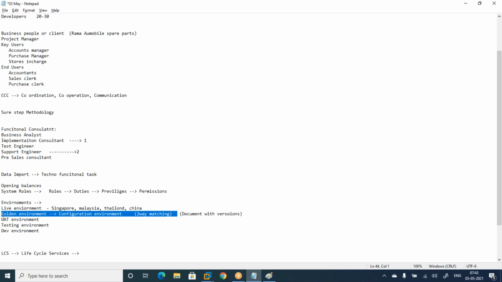We should not change it in between. Some exceptions will always be there, but at least we can have one environment where we can see. As I told you, I saw a few clients, but the majority, 90% of clients, are not maintaining it because money is involved in the golden environment. But maybe 10% of clients are maintaining a golden environment.